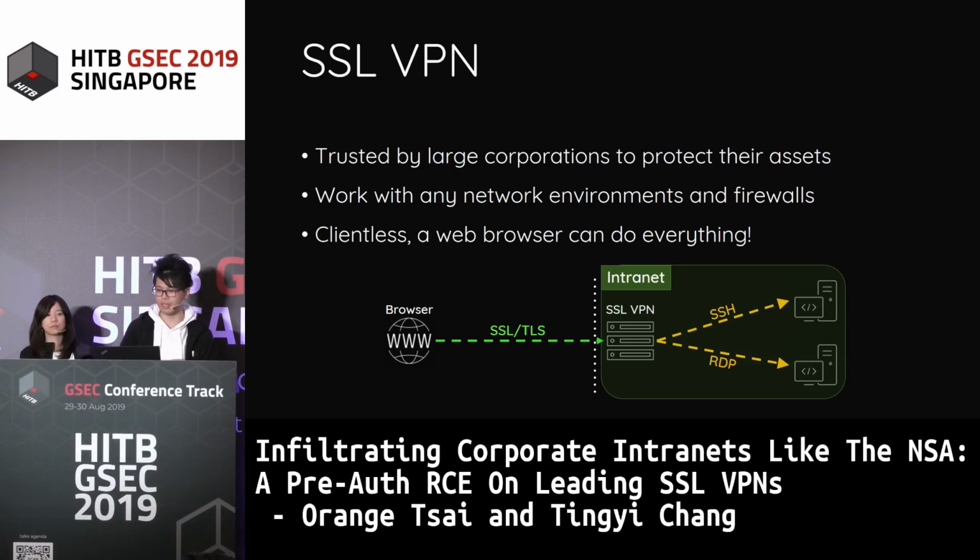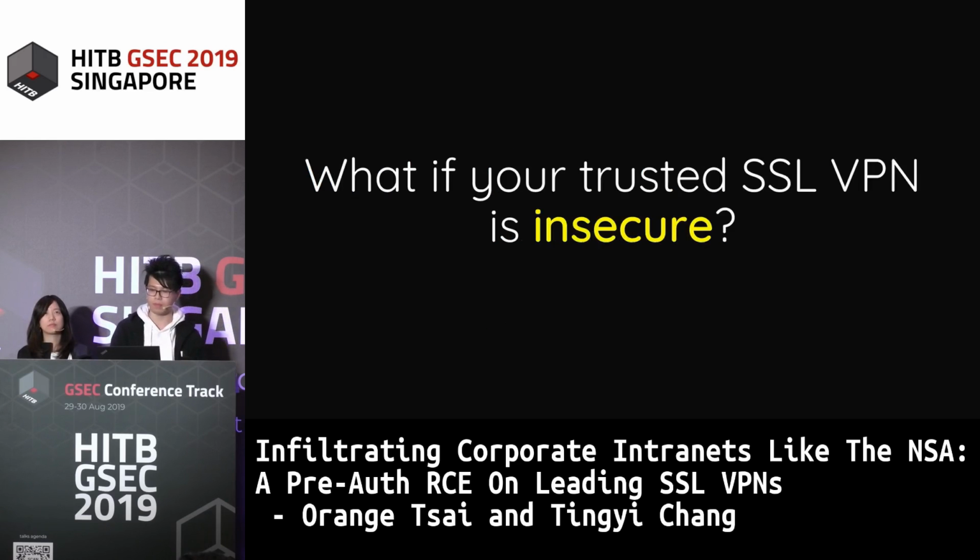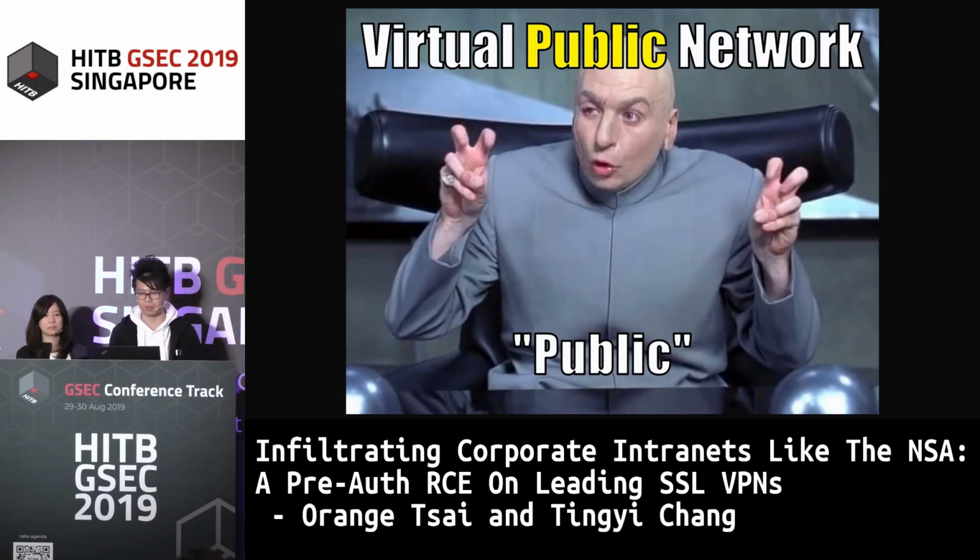Because of the convenience, SSL VPN has become the most popular remote access method for enterprises. SSL VPNs are everywhere and protect corporate access from internet exposure. They are trusted to be secure and considered the only way into your private network. But what if your trusted SSL VPN is insecure? They will become your virtual public network.